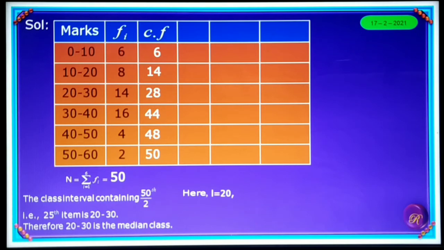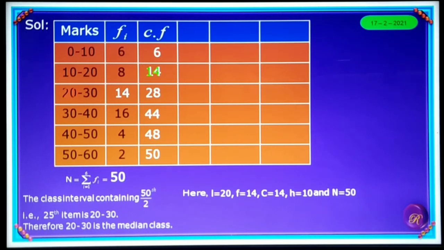Here L is equal to 20, f is equal to 14, cumulative frequency of the preceding class, that is 14, and n is equal to 50.